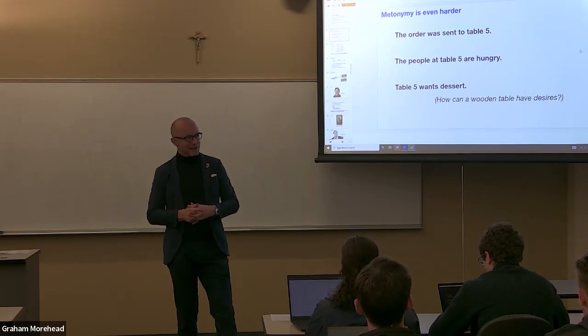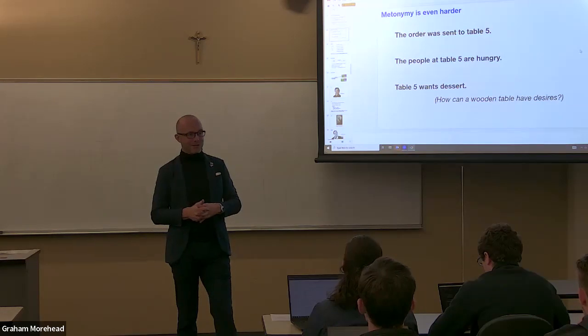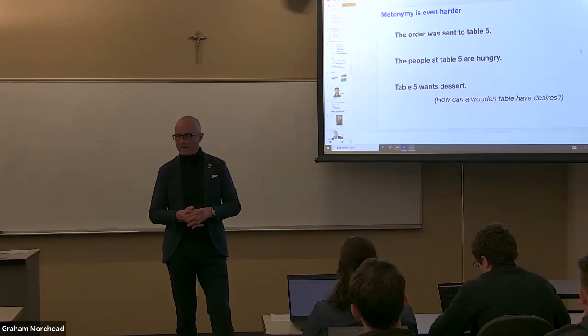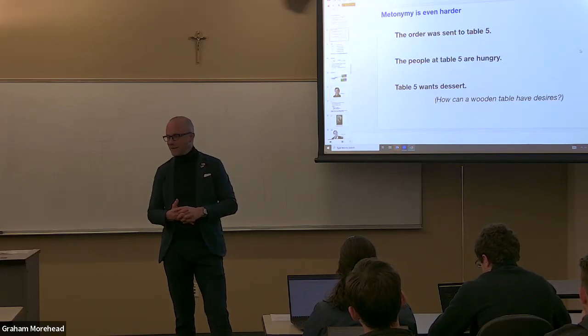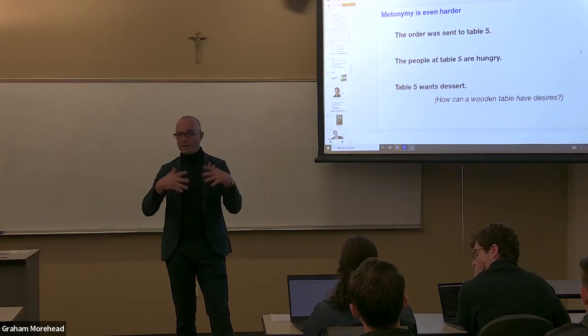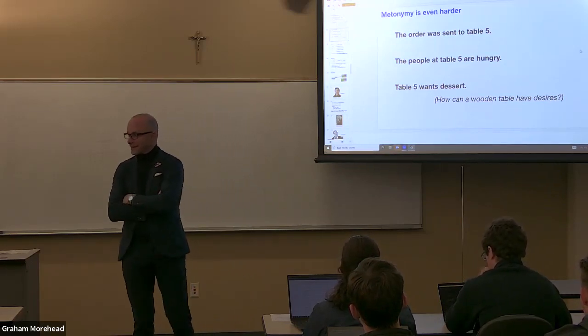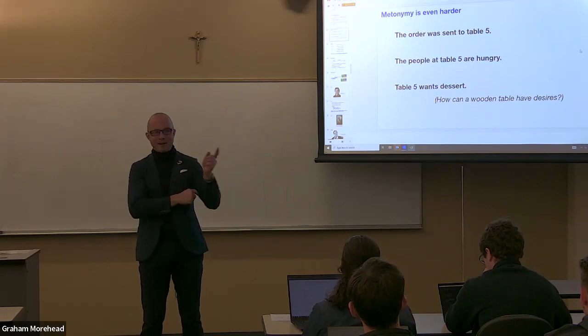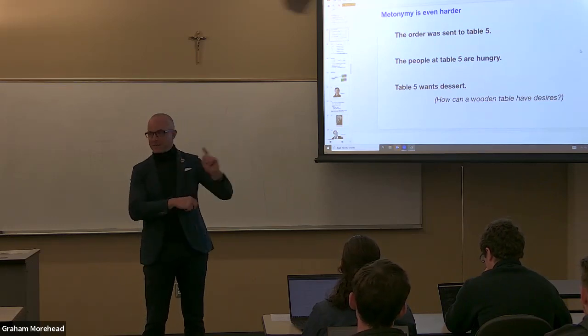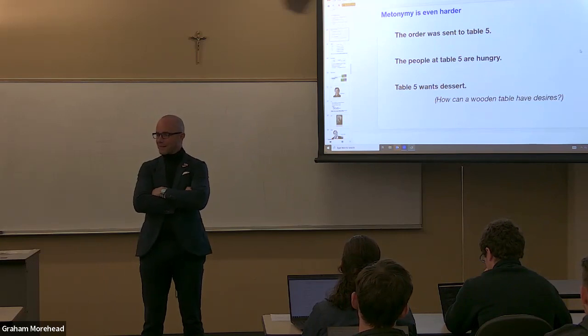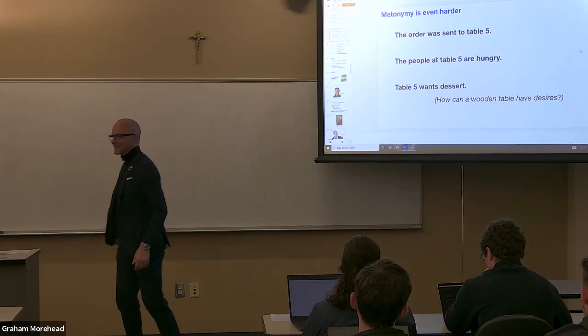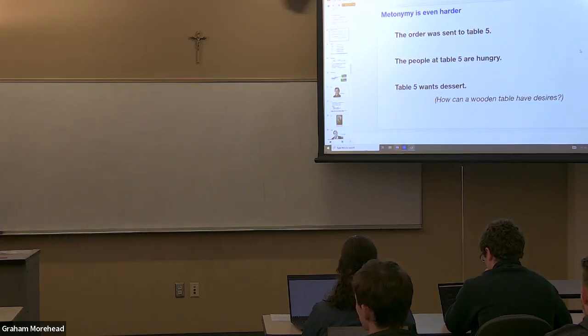Because you don't want to have to write all those rules yourself, right? It might take a million years. If you just read the internet, would that do it? Or would the internet also have examples of tables wanting things? It's not easy, is it? There's no perfect solution yet.